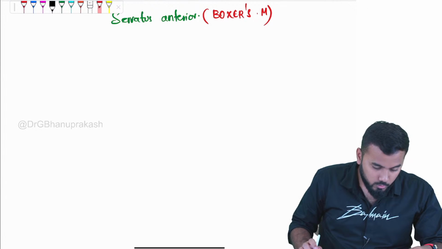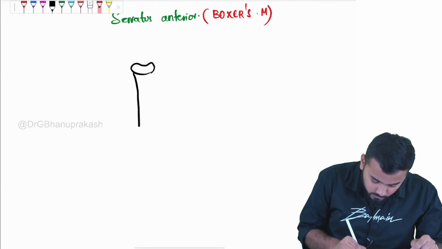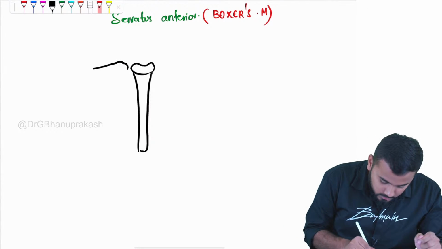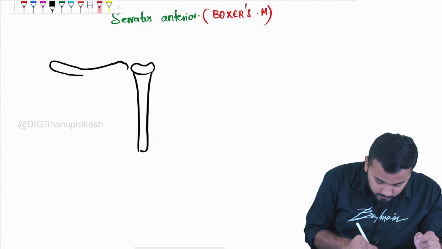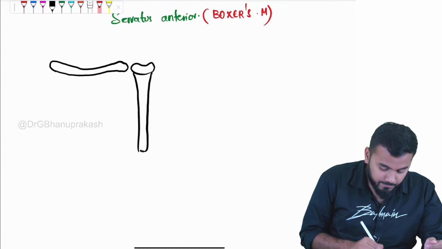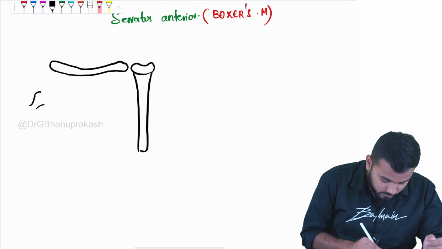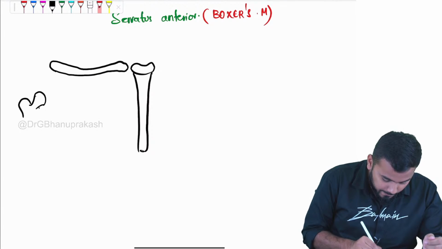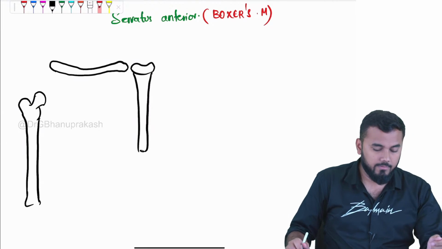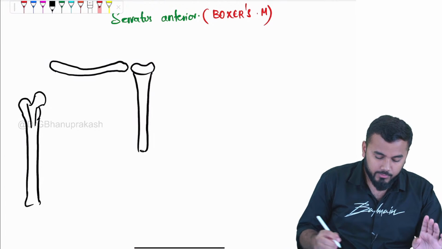Now look here guys, one very important thing. Nerve supply I will tell you, but look here. This is your sternum, isn't it? This one only, the clavicle. Okay, you have got two lips, medial lip, lateral lip.